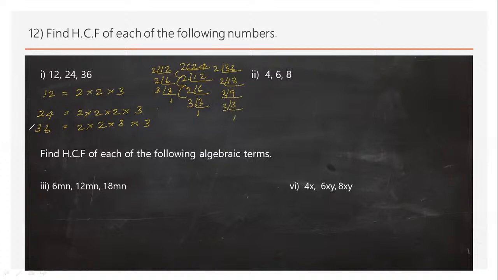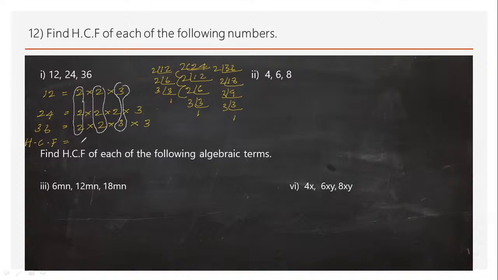Now let's obtain the HCF. HCF equals 2, common for these three numbers. Here also 2 common and 3.